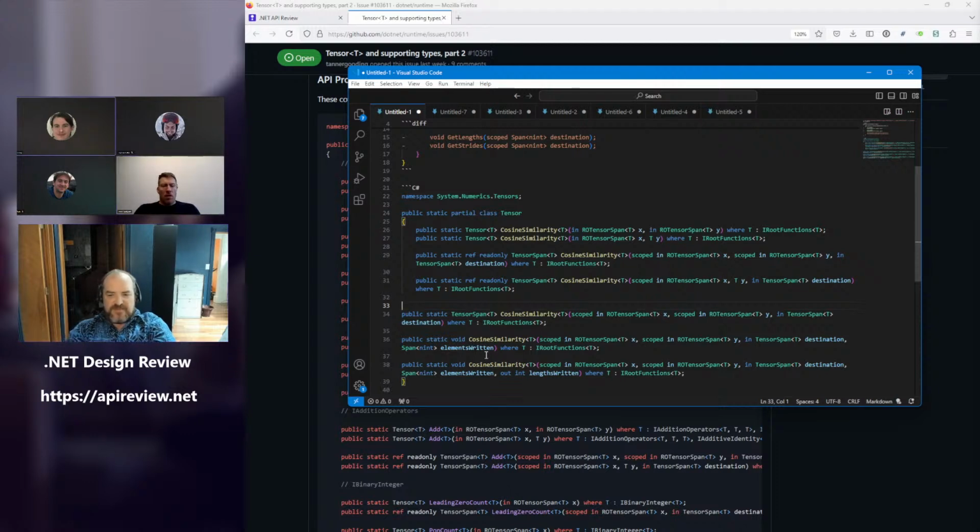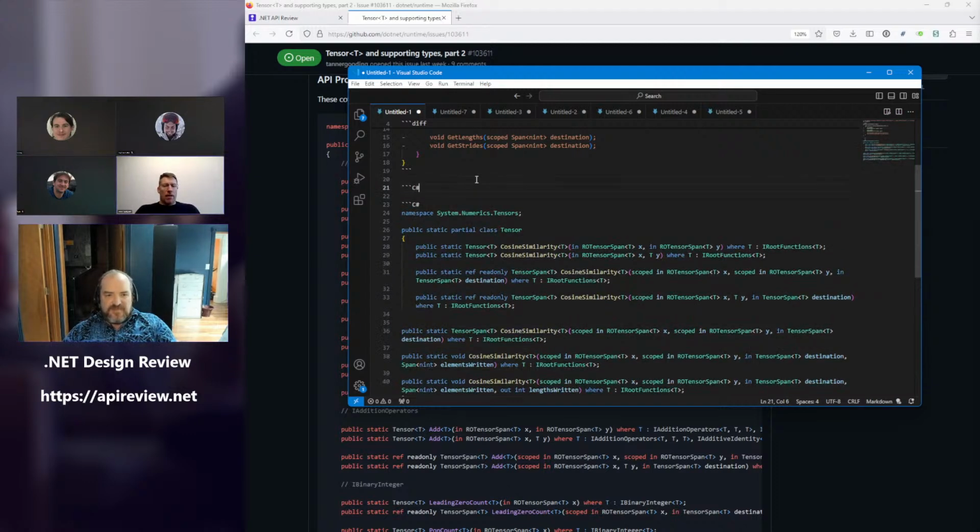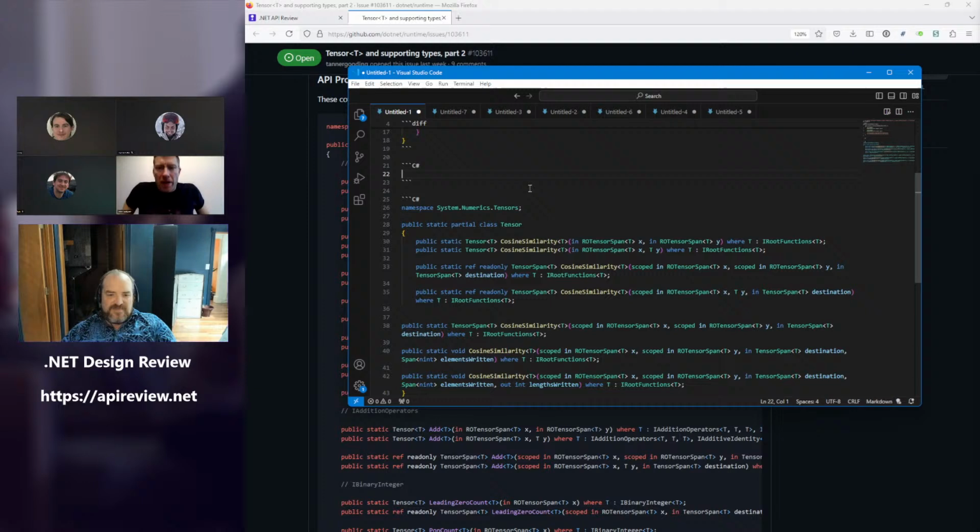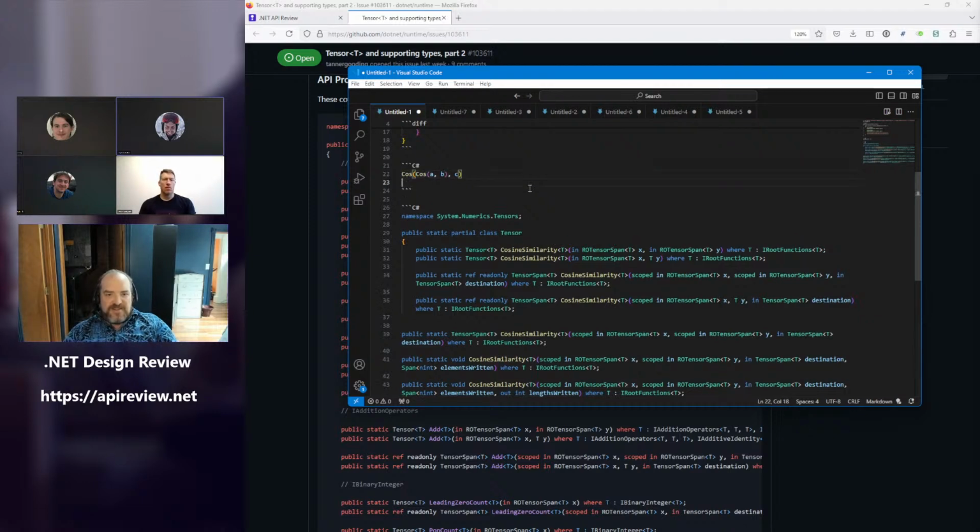That was just a throw together name. If we actually go with the void returning one, then the very next line ought to be something like destination dot slice with the things that are returned in elements written and lengths written, right? Yes. Yeah, that's going to be a pain in the butt. So that'd be cosine similarity of, I mean, you could out the tensor span, but at that point, why aren't you returning it, right?